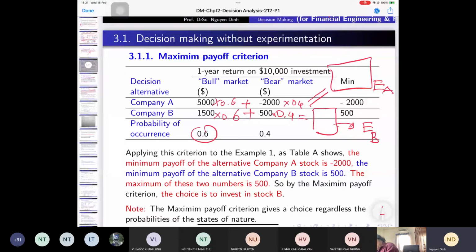That is equal to 2,900. And the second one, 1,500. You calculate in parallel with me and see whether my calculation is correct or not. 1,500 multiplied by 0.6 plus 500 multiplied by 0.4, and that is equal to 1,100.